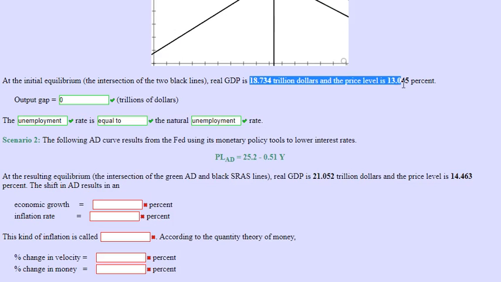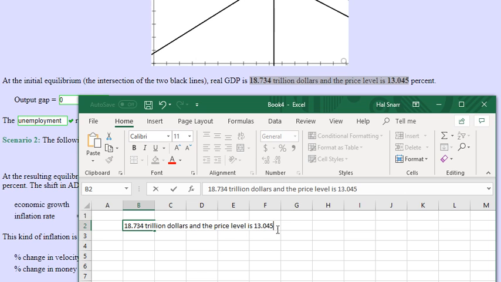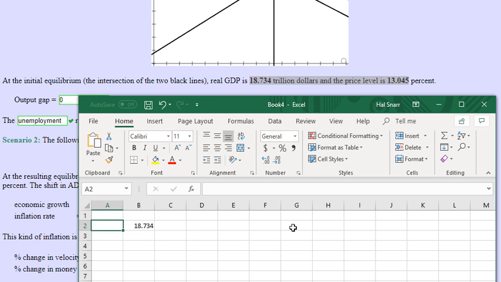I'll go ahead and copy these two. That's real GDP, which we call Y. Then we have the price level, which is 13.045.